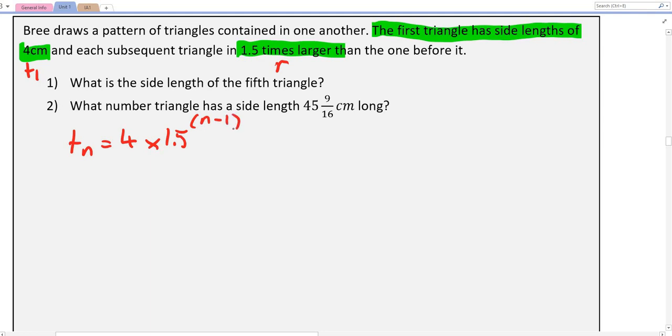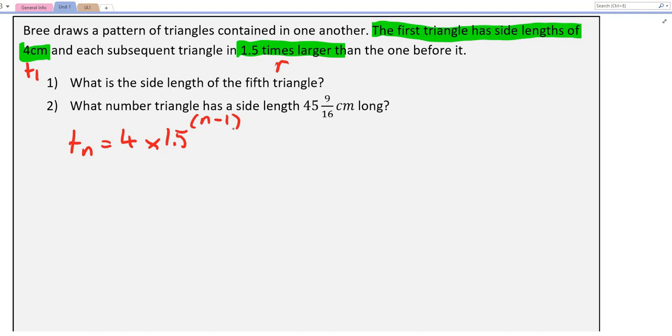Do we have all the information we now need to answer question 1? What are we missing? If we're trying to find the side length of the fifth triangle, would n be 5? Yeah. I like to think of that as the number of jumps.